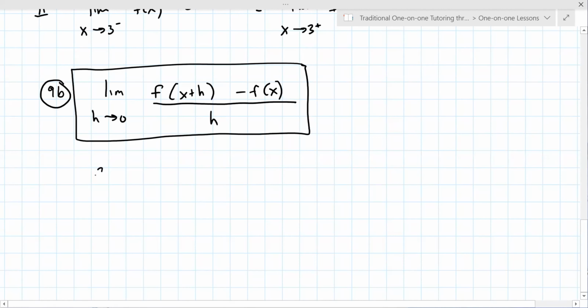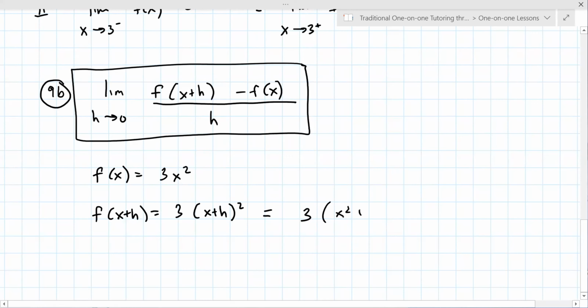In your problem, f of x equals 3x squared. Then f of x plus h means to put x plus h squared in for x. So 3 times that, and we talked about if you could do this really fast, that's best. Then you distribute, so you get 3x squared plus 6xh plus 3h squared.